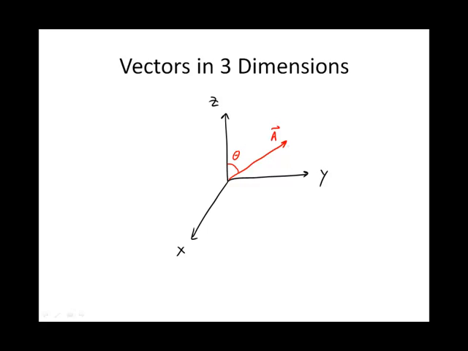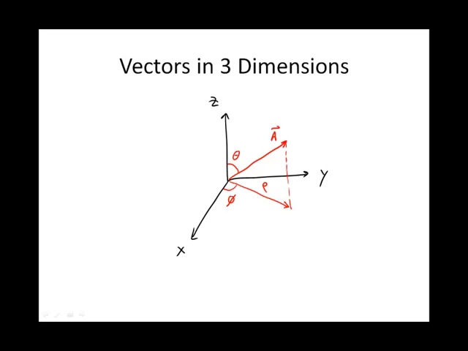And then I can drop a until it reaches the xy plane. So think of that as the floor. And then it's going to cast a shadow on the floor. And that shadow is going to have a length of rho and an angle with respect to the x-axis that I'm going to call phi.